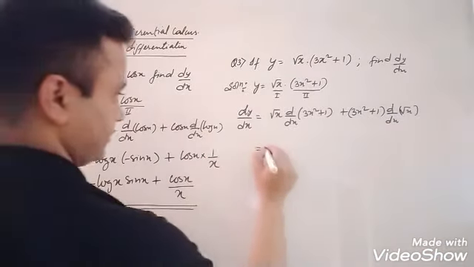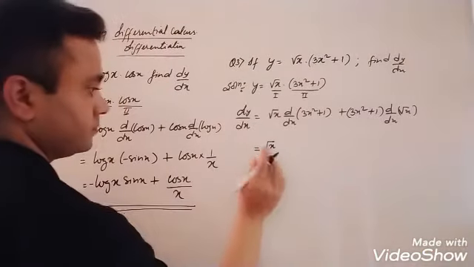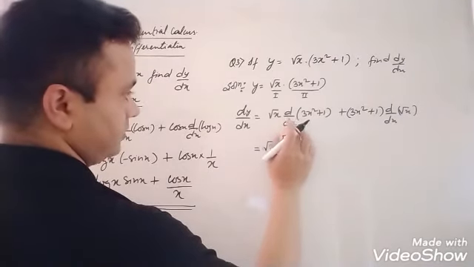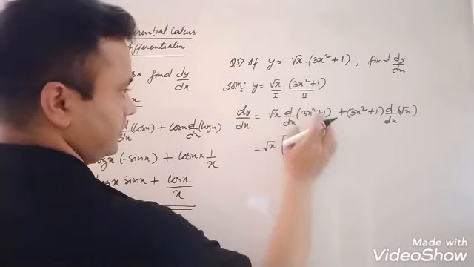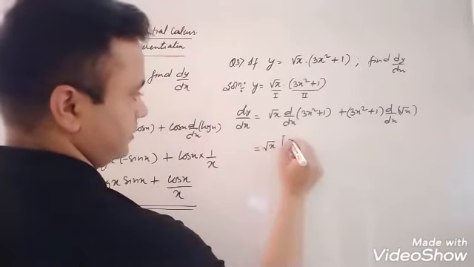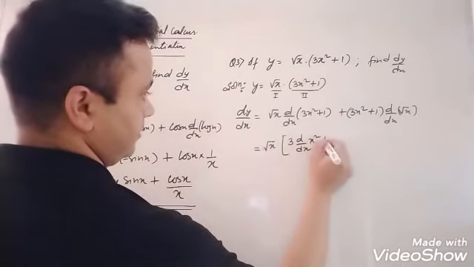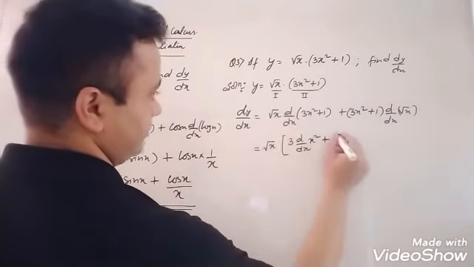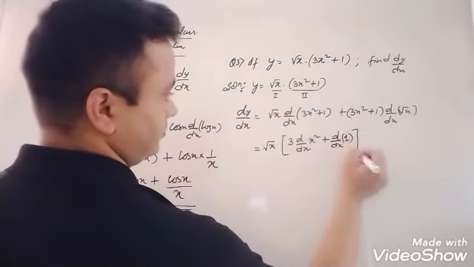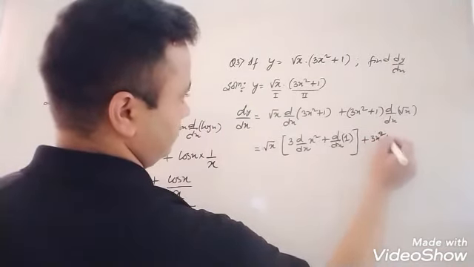Now root x is root x. Now differentiate. Multiply this differential coefficient with this. 3 is the constant coefficient, so 3 is taken outside: d/dx of x square plus d/dx of 1, plus here is 3x square plus 1.